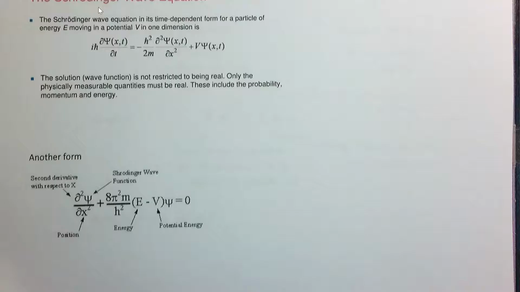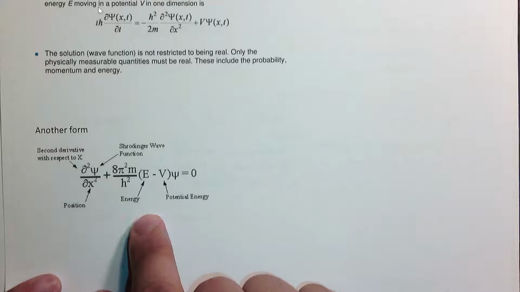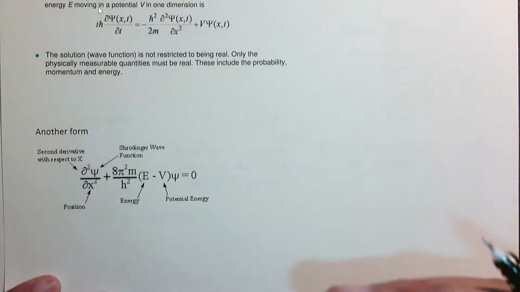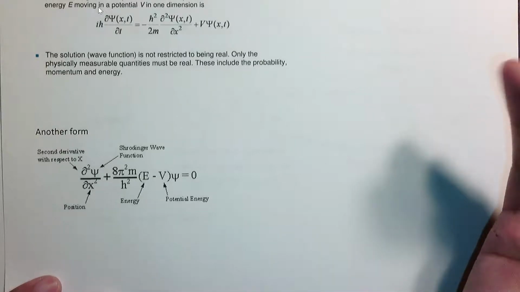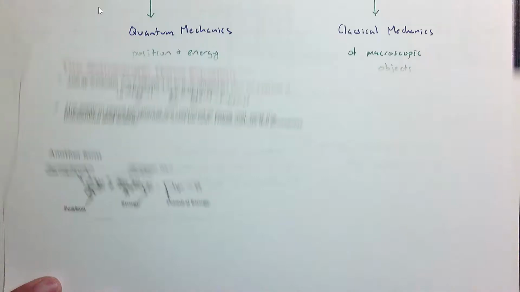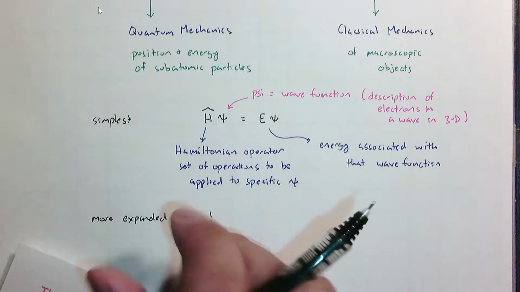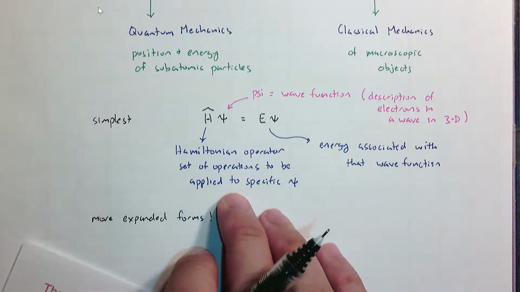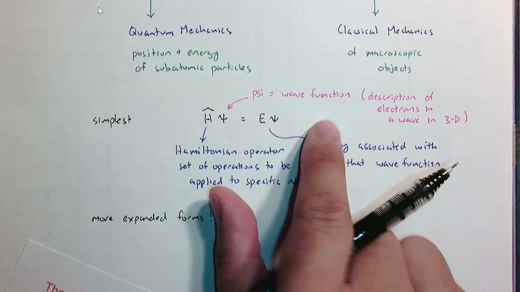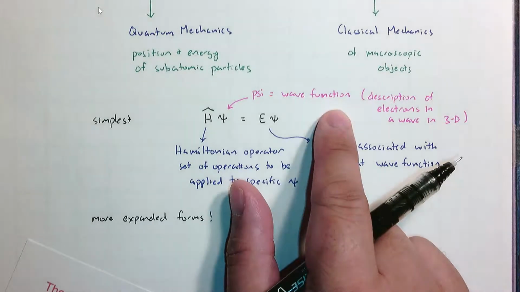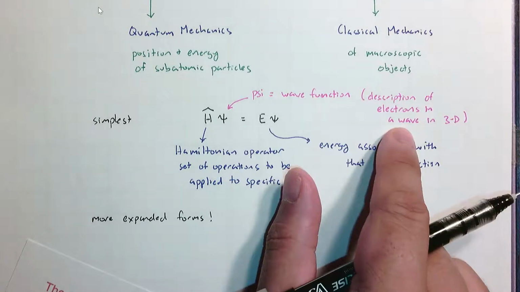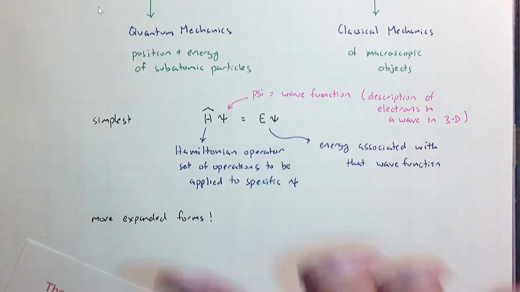There's another form, and it's here. So again, when someone says the Schrodinger equation, the picture that I come up with is this one right here, understanding that these symbols carry within them large sets of operations and very complicated mathematical descriptions of the wave functions.